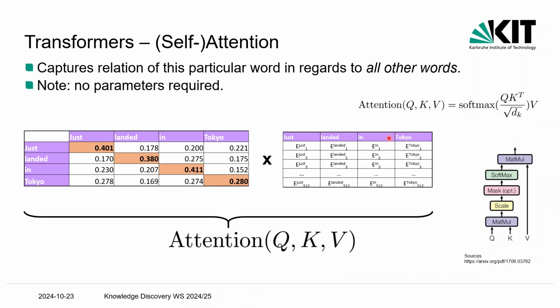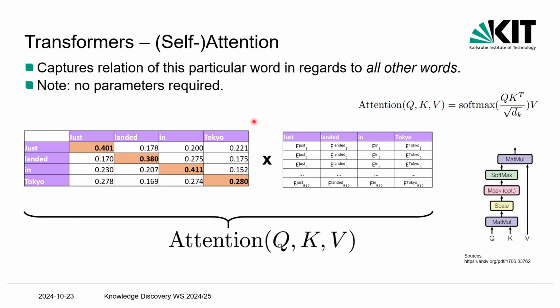So for this further self-attention, we'll take our word-to-word or token-to-token matrix and do the dot product with the initial one. Yay. And why are we doing that?